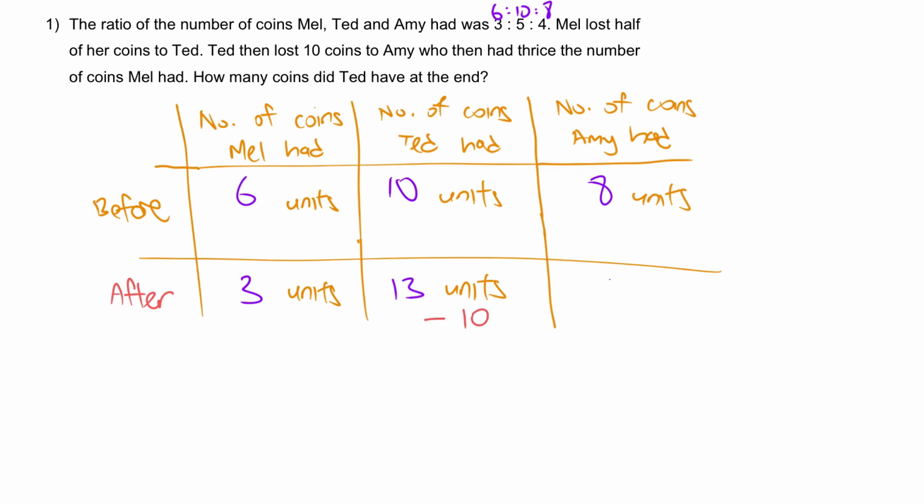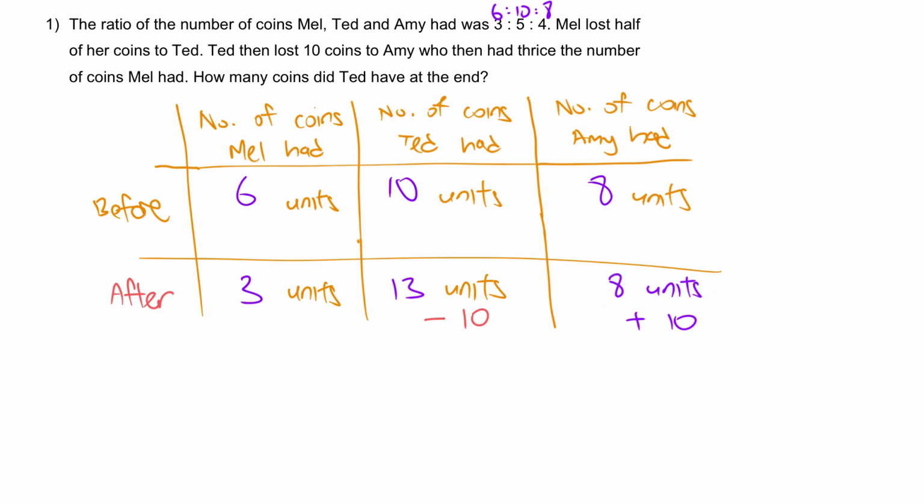So 8 units plus 10. Amy in the end had 3 times of Mel. This is 3 times of Mel. What it means is that if I take 3 units, multiply by 3, it will be equal to this.